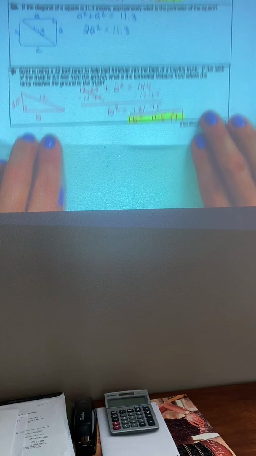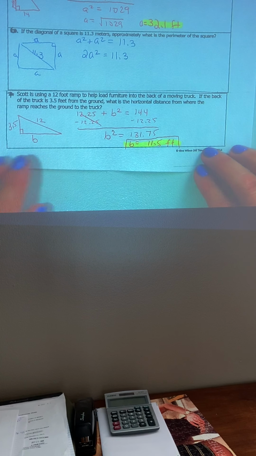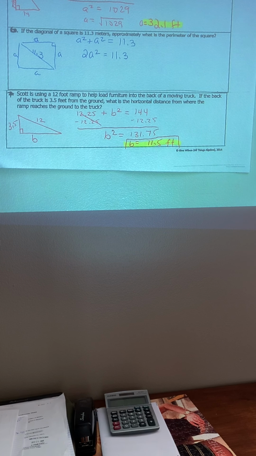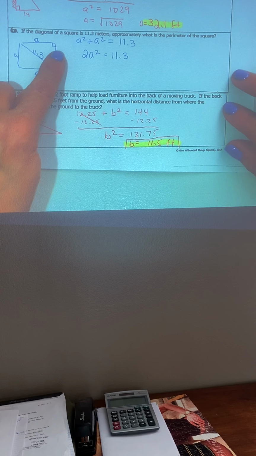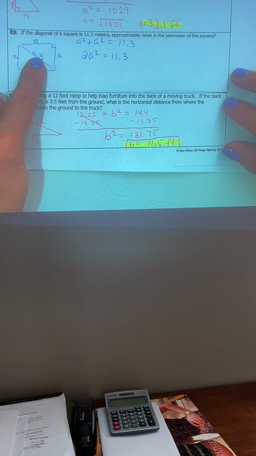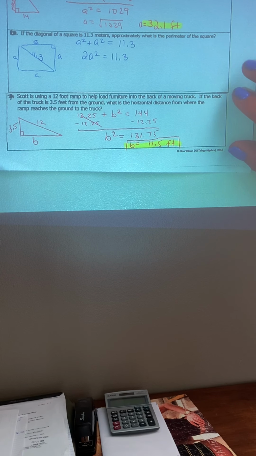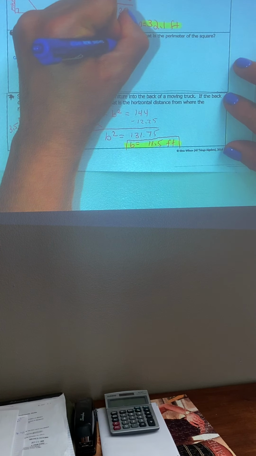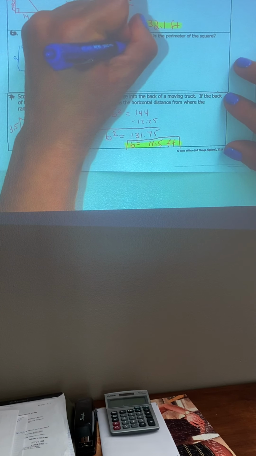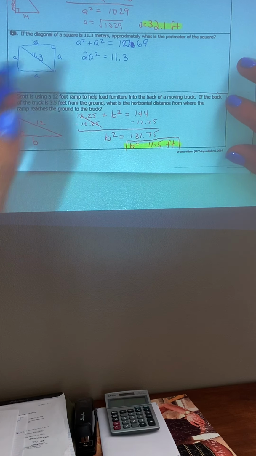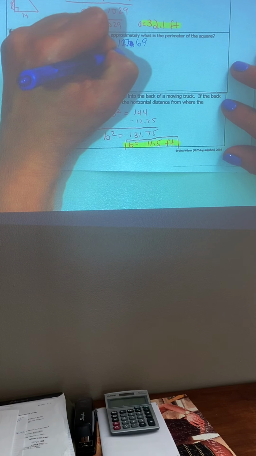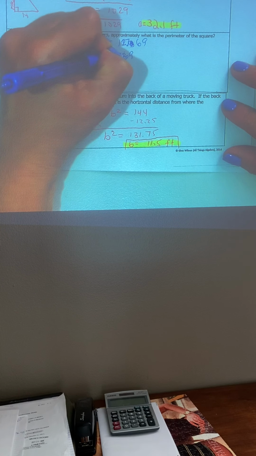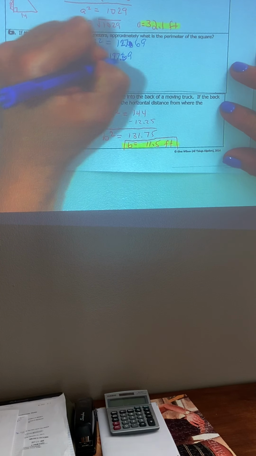Let me go back to this problem because I realized that I did it wrong. If the diagonal of a square is 11.3 meters, what is the perimeter? So I have a squared plus b squared equals 11.3 squared, which is 127.69. So I get 2a squared equals 127.69, and I have to divide by 2.